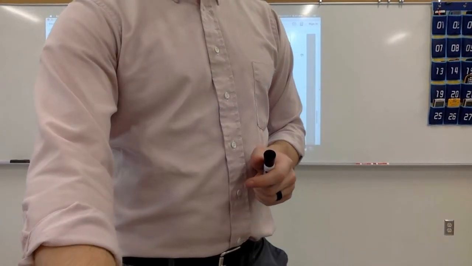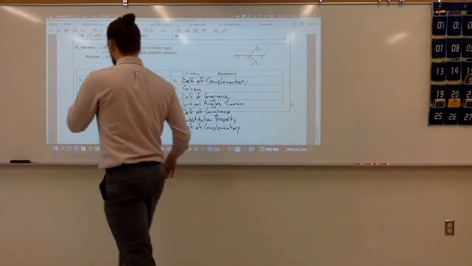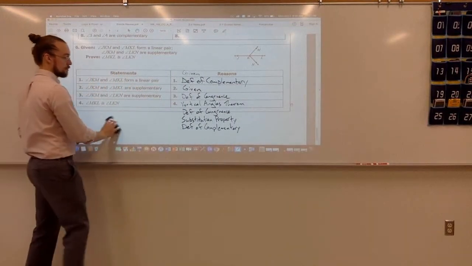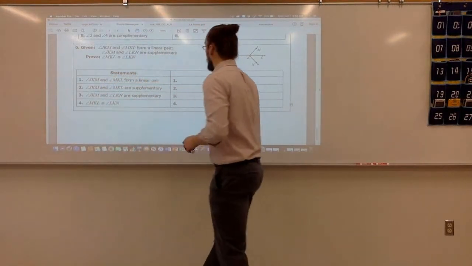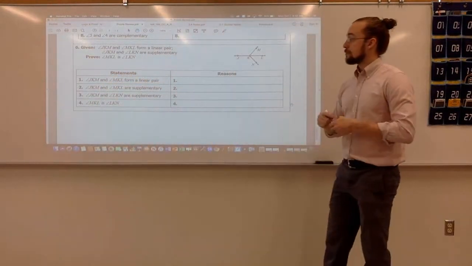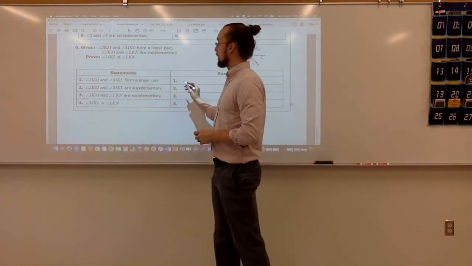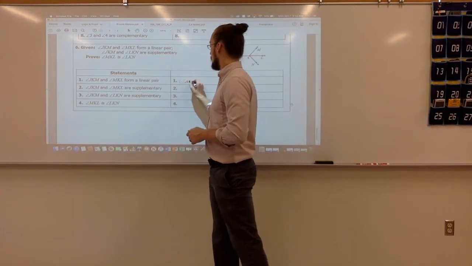All right, then the last one, the shortest one on here. I'm actually given two different things, right? I'm given JKM and MKL form a linear pair, so that's my first line.